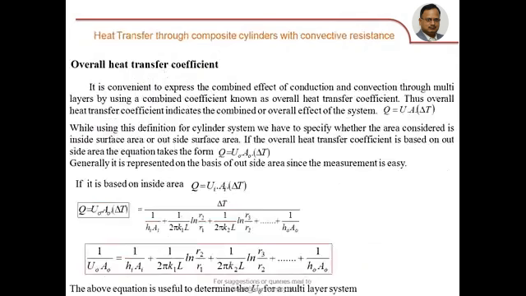So in such cases where you have the combined effect of conduction and convection, we use a new term called overall heat transfer coefficient. Hence, overall heat transfer coefficient is a combination of the effects of conduction and convection.